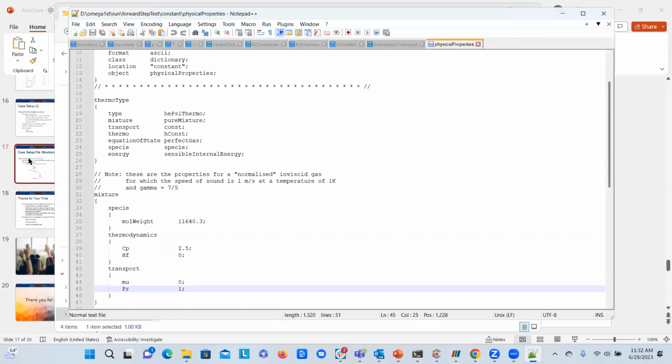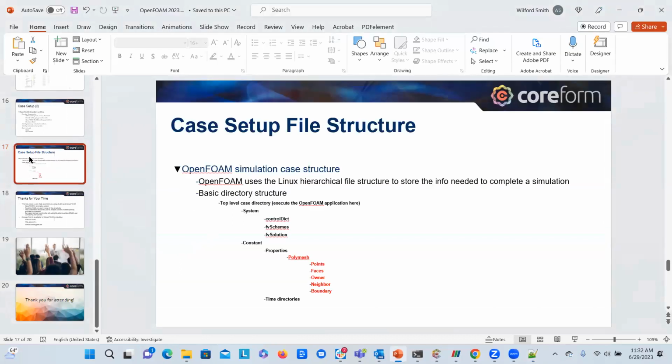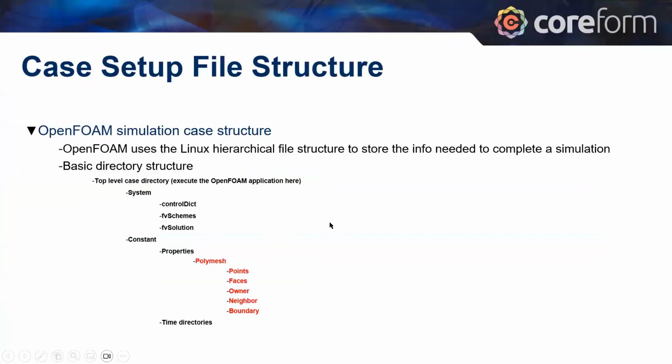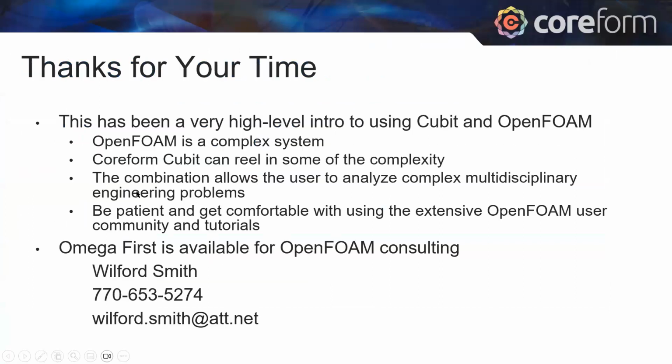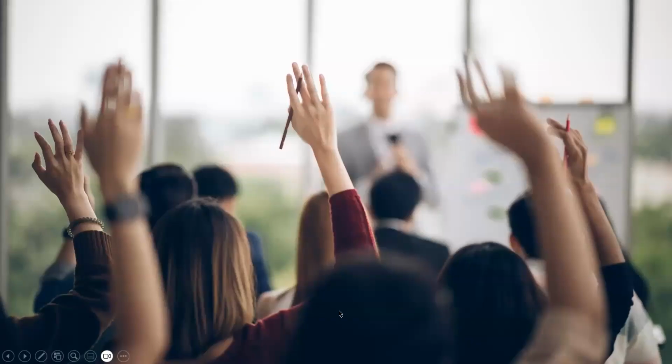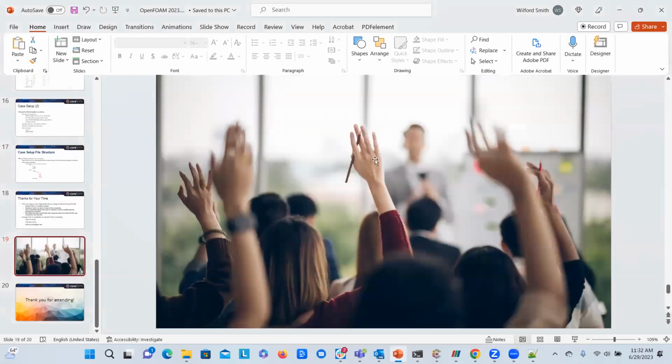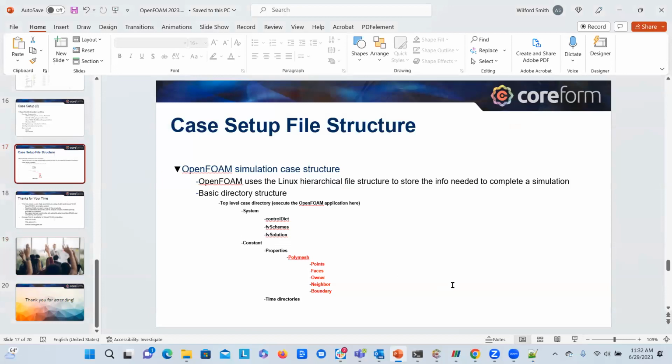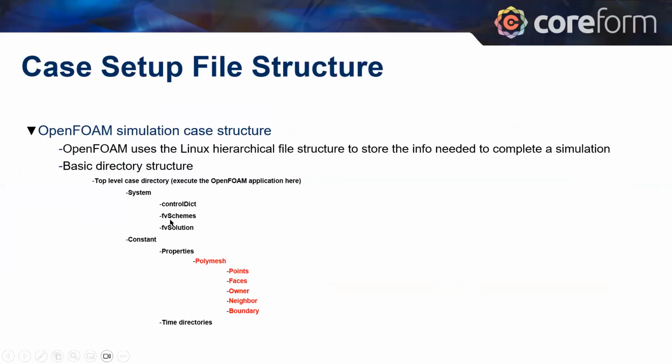And then finally, we go back to here. Once I've set up those, like I said, at the top level, my case directory, I have my system directory. I'm sorry about that. That includes my control dictionary.